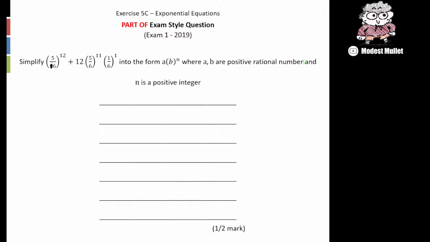So how do we go about this? What we need to do is start to build this into the form of, because we've got an addition, and we're not solving, we're just simplifying. Because we've got an addition, think of converting this where the exponent, so the 5 over 6 to the power of 11 and the 5 over 6 to the power of 12, we need to convert those so they're the same, so we can add two like terms together.